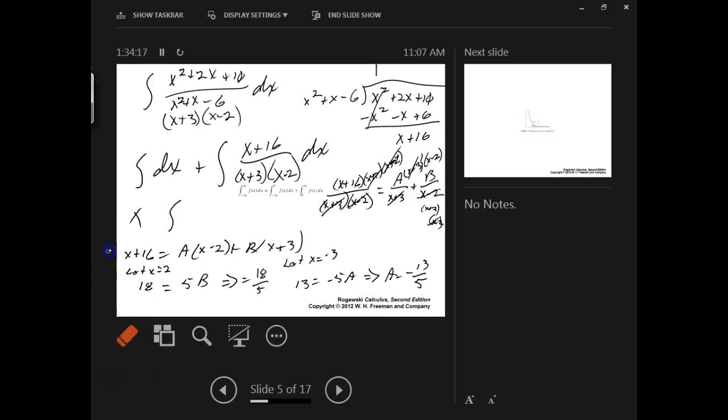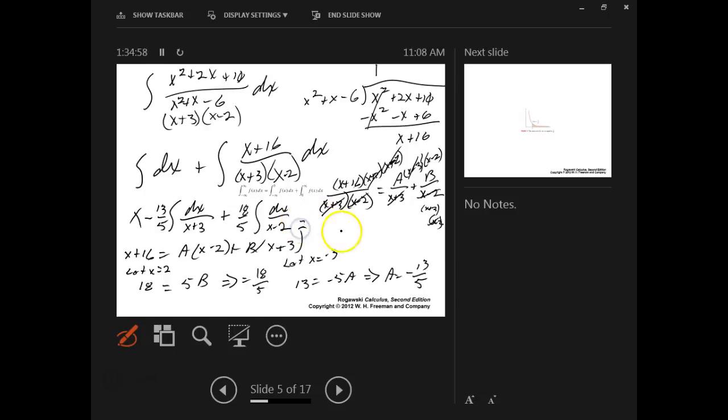The x is from the first part, so it's going to be -13/5, that's the A part, dx over x plus 3, right? Plus 18/5 times the integral of dx over x minus 2. All right? Really not going to be too bad, except for those strange-looking coefficients.